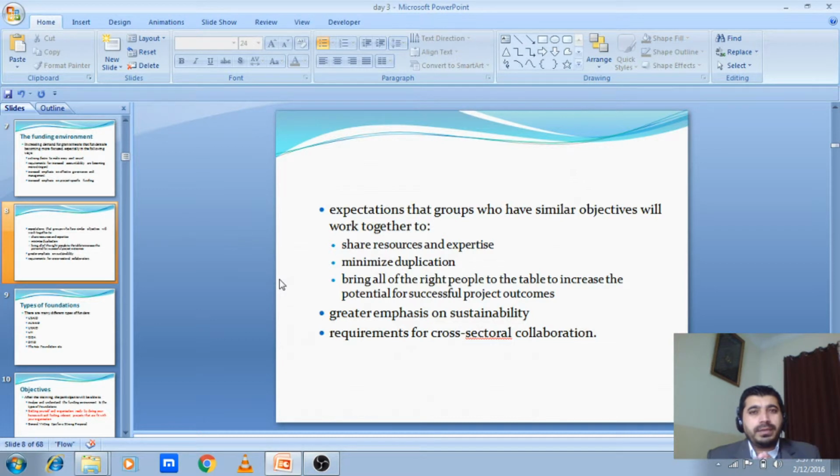I'll give you an example for this particular point. In 2010, there were huge floods in Pakistan, and many social sector organizations ran after funding.